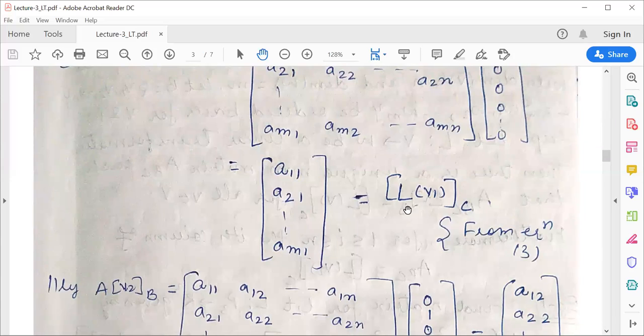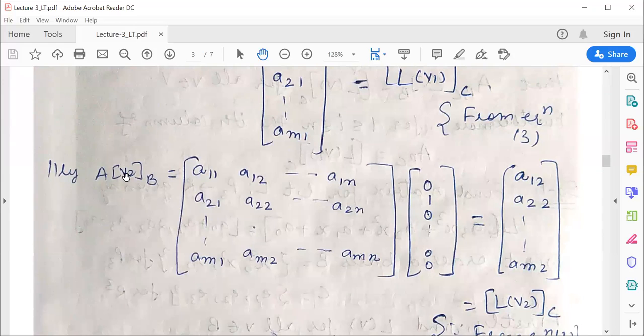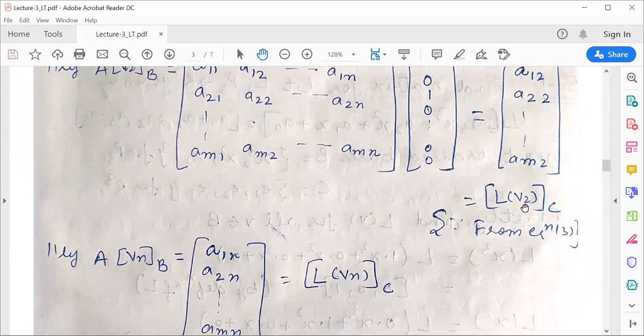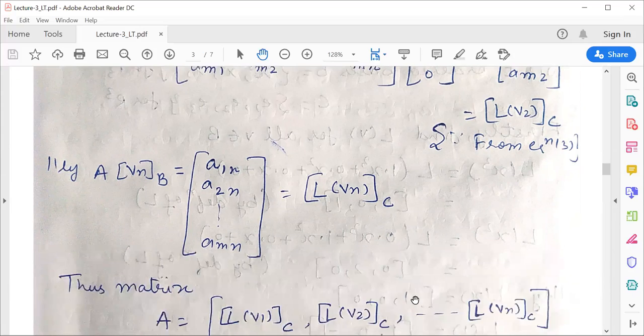So this is L V1 with respect to C. Similarly, you can find it for V2. That means multiplying A with the coordinate vector of V2 with respect to the ordered basis B, it comes out to be the coordinate vector of L V2 with respect to basis C. Similarly, up to n elements, you can observe this.